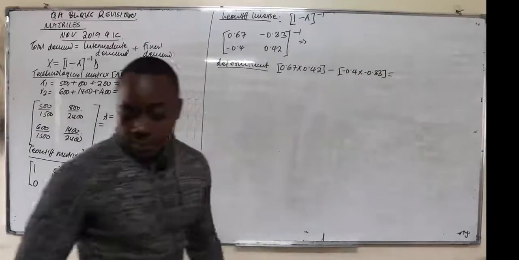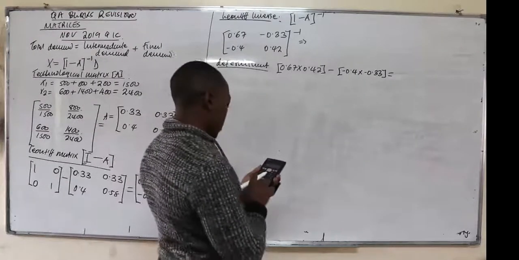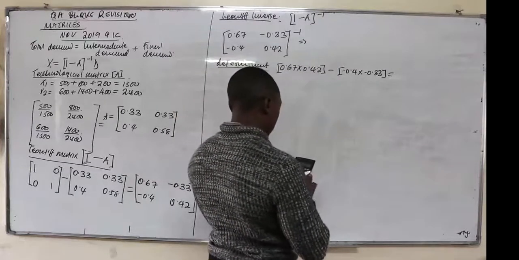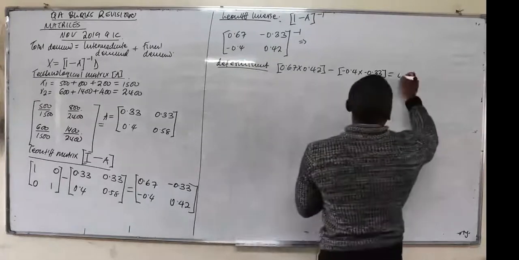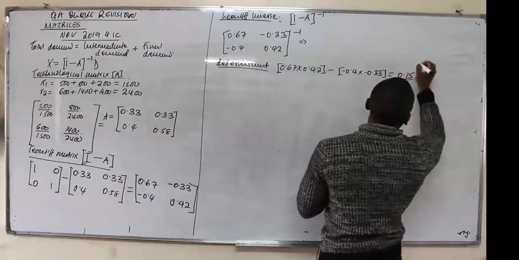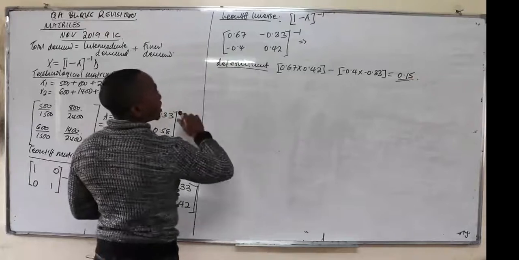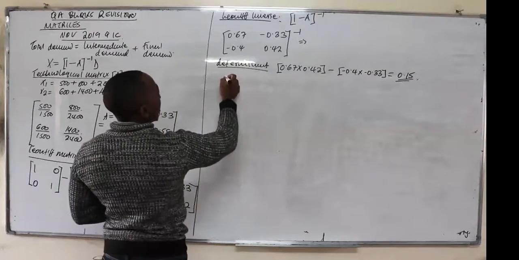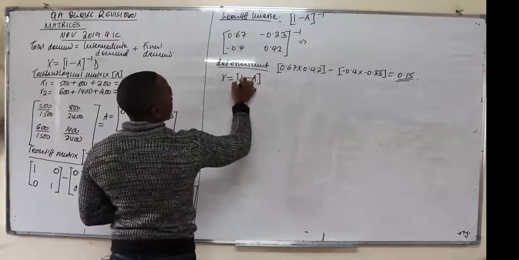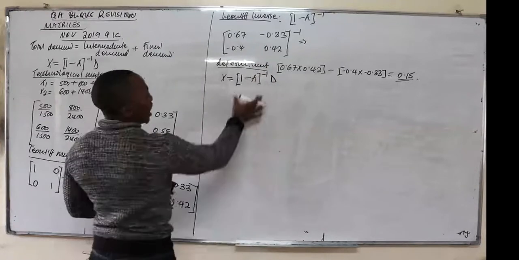What do we get? We get 0.15, or 0.1494. Therefore, now to get our X, we have said that to get X, you take the technological or Leontief inverse multiplied by D. So how do we get the inverse?